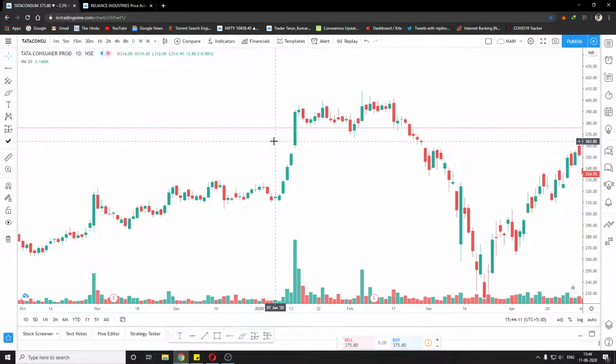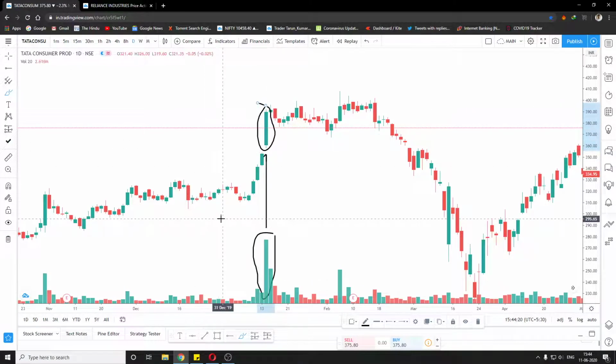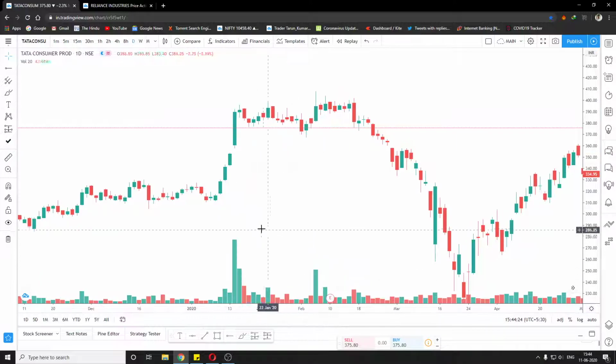So what we do is, as you can see, we had a big candle represented by a big spread. This is a positive sign. But as you look at the second candle, let me show them by the arrow.